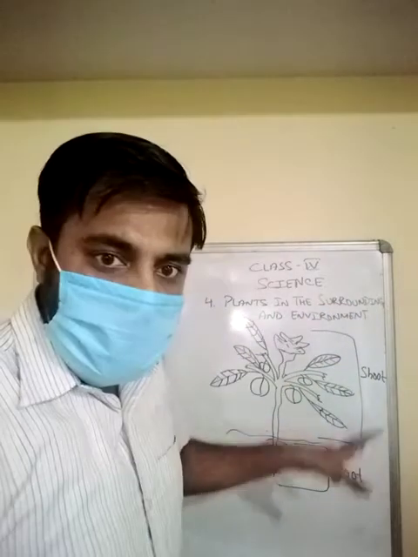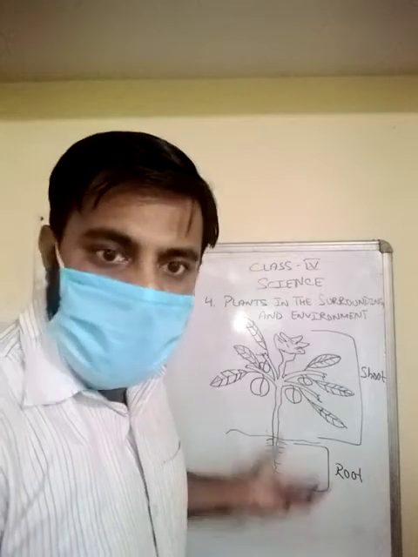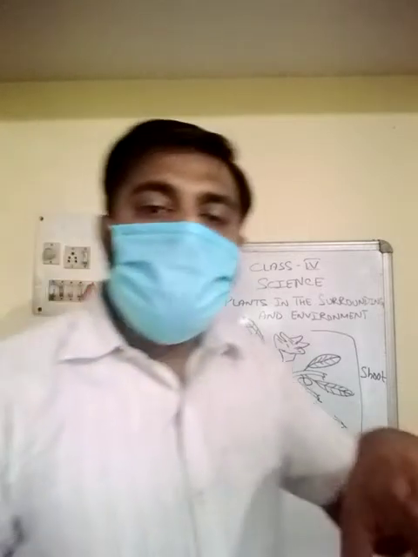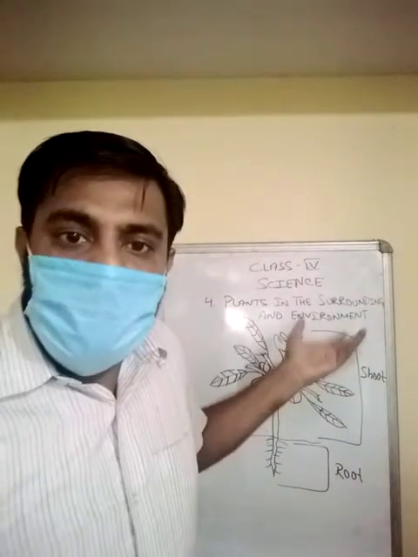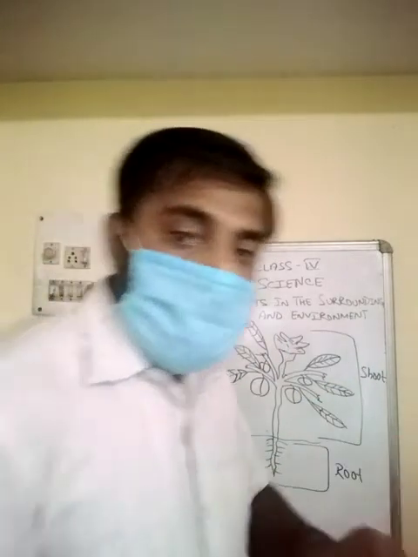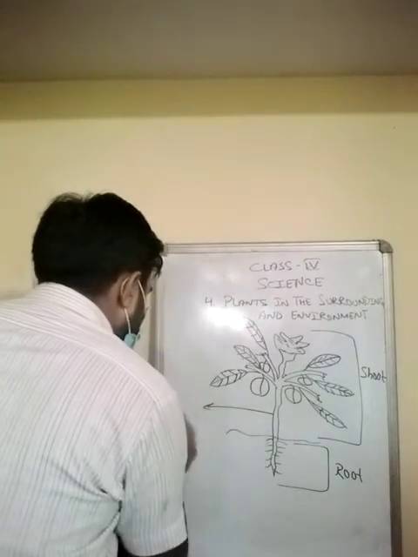Now root comprises of only root and root hair. Their main function is to absorb the water and minerals from the soil and send it up to leaves where food can be made. Okay, but the shoot comprises of stem.